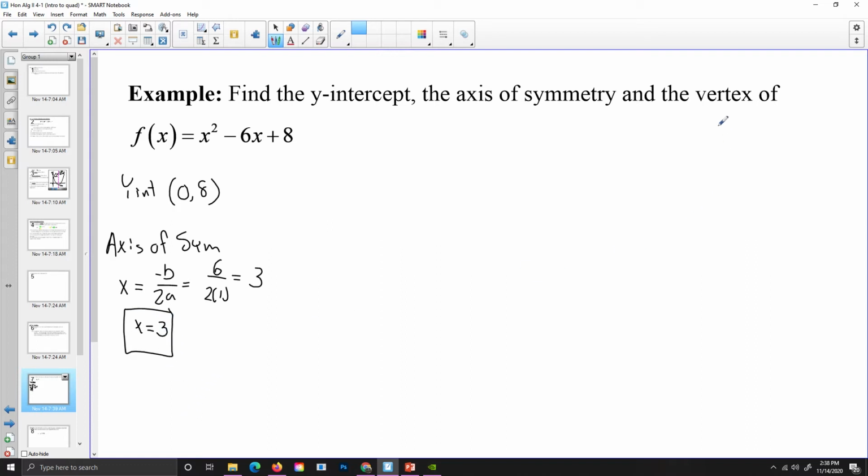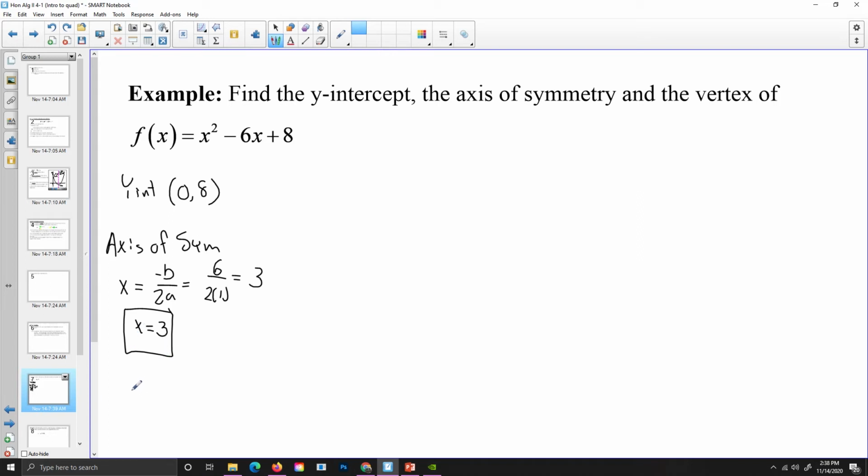Now finally, we want to find the vertex of this particular function. The vertex is found by taking the value of the axis of symmetry, and that is because the vertex lies on the axis of symmetry, so it will have the same x-coordinate.